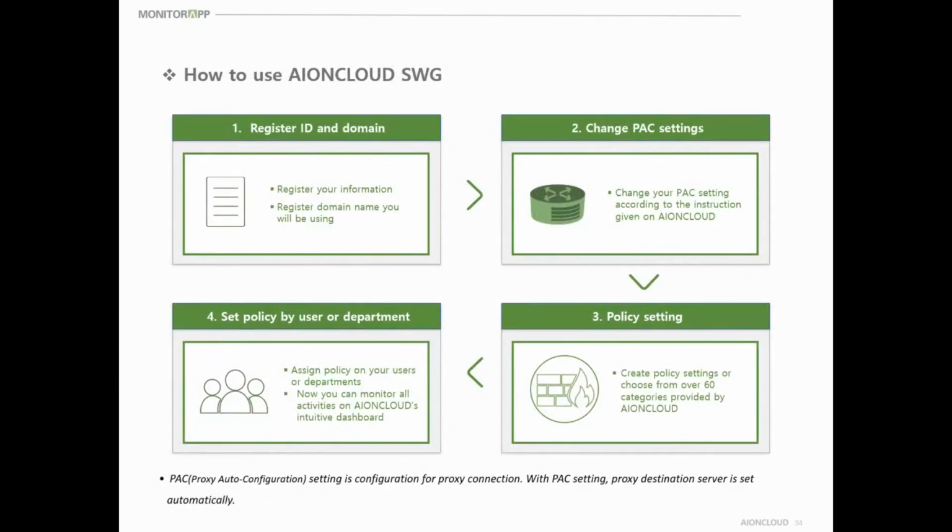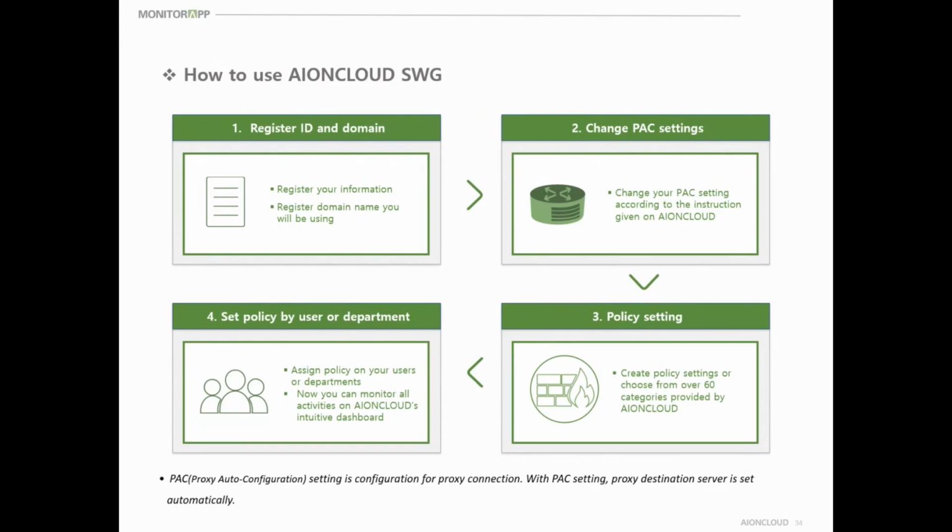So for the last explanation of SWG, to use the AIONCLOUD SWG, you need to register your ID and domain. Actually, the domain is not essential. Domain is a kind of key for the registration.